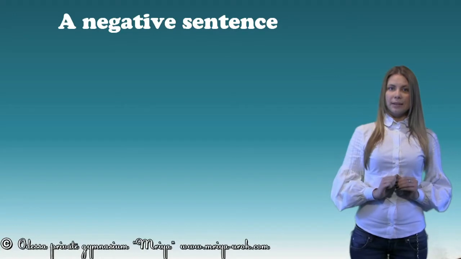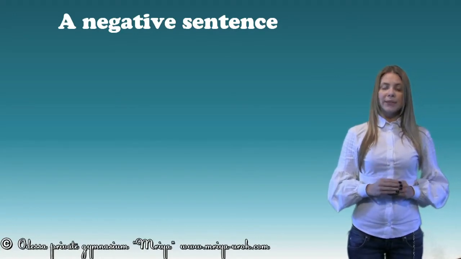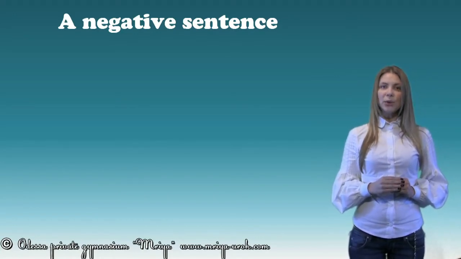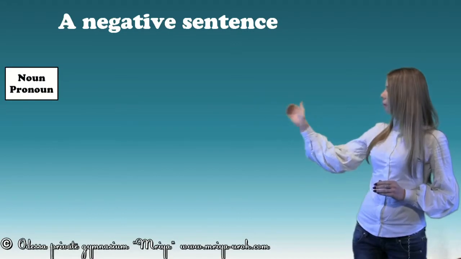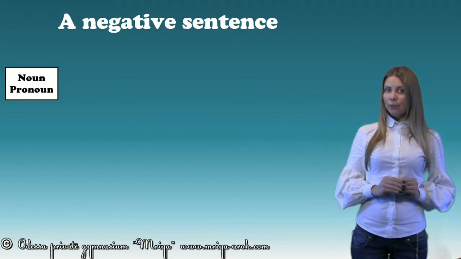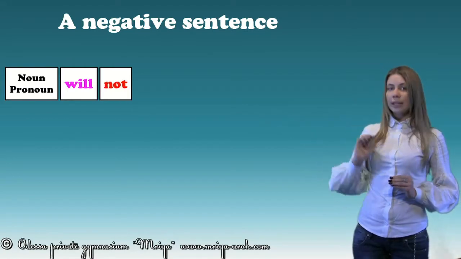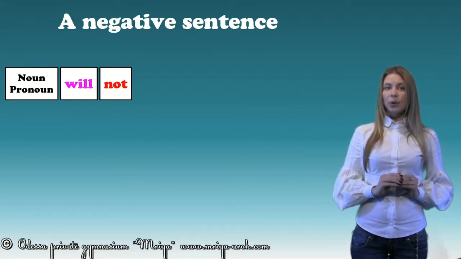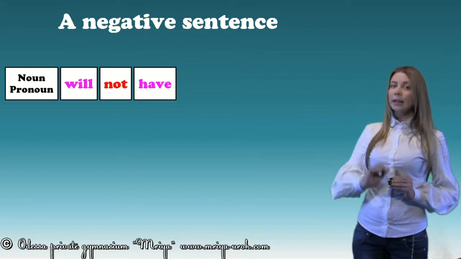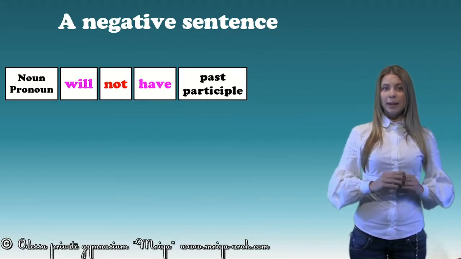So, how do we make a negative sentence? In order to make a negative sentence, on the first position you have to put noun or pronoun, then you have to put will, then not, because this is a negative sentence, then you have to put have, and on the last position, past participle.